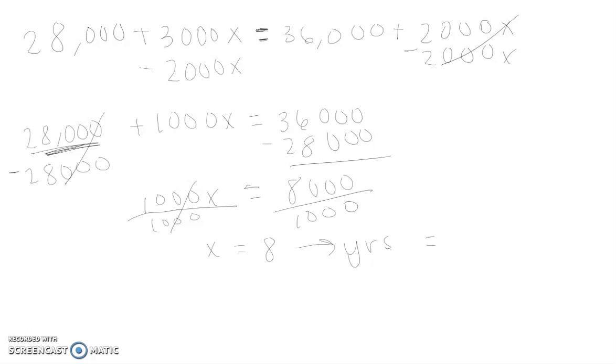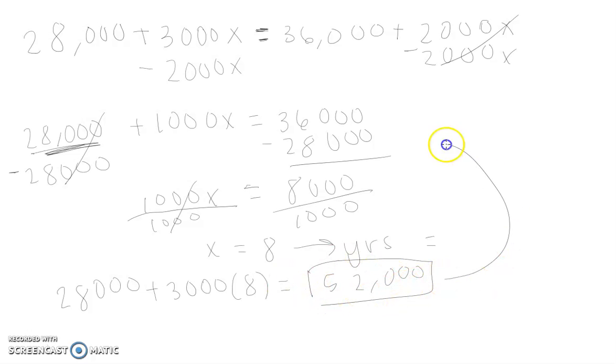Now that it's 8 years, we need to figure out how much her salary would be in those 8 years for both companies. So we're just going to plug it into one of the equations. I'll just choose 2,000 times 8, because x is 8. And it would be 52,000, which is the same as what it would be on this side.